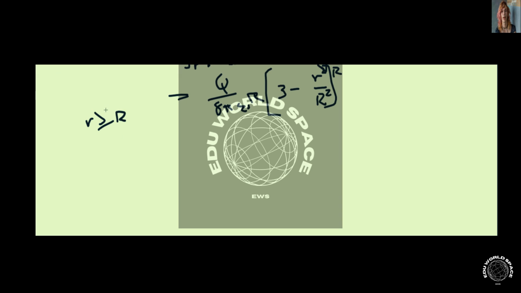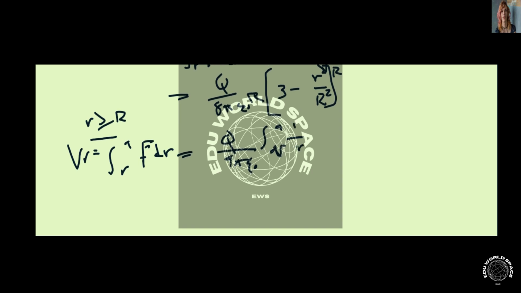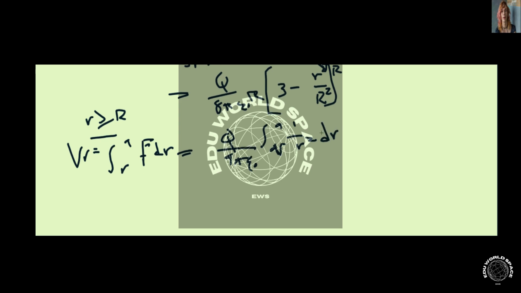In this case, we're going to have to write a new potential for this second case, the integral of E dr. So now we can replace E by this, and we can bring out the constants to make it easier for ourselves. So 4 pi times permittivity, and now it's from a to r, and it's 1 over r squared, integrated with respect to dr.